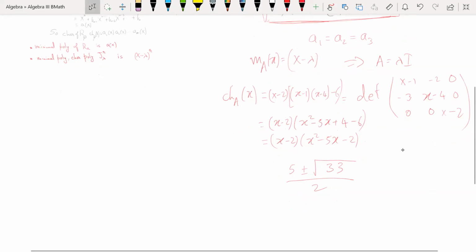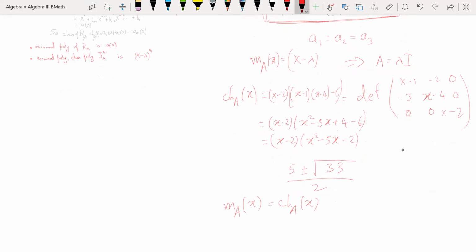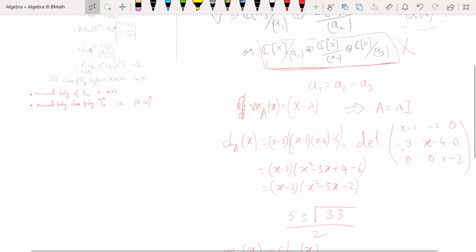So what will be the minimal polynomial of A? It can't be a proper factor of the characteristic polynomial, because they have the same roots.